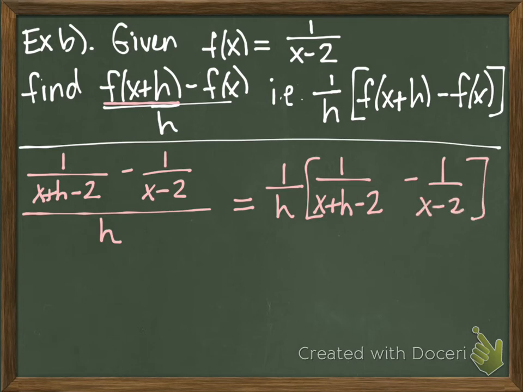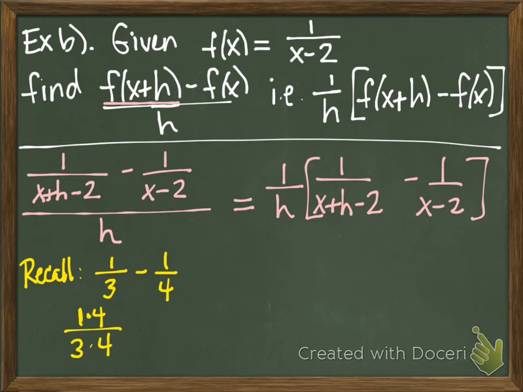Now the trick is I need to simplify this, so I actually want to subtract these fractions. I need to get a common denominator. Let's look at how we get common denominators with simple fractions before we deal with these fractions that involve variables. So remember, what if I had 1/3 minus 1/4, and I want to get a common denominator? I'm going to take the 1/3, and I'm going to multiply the top and the bottom by 4.